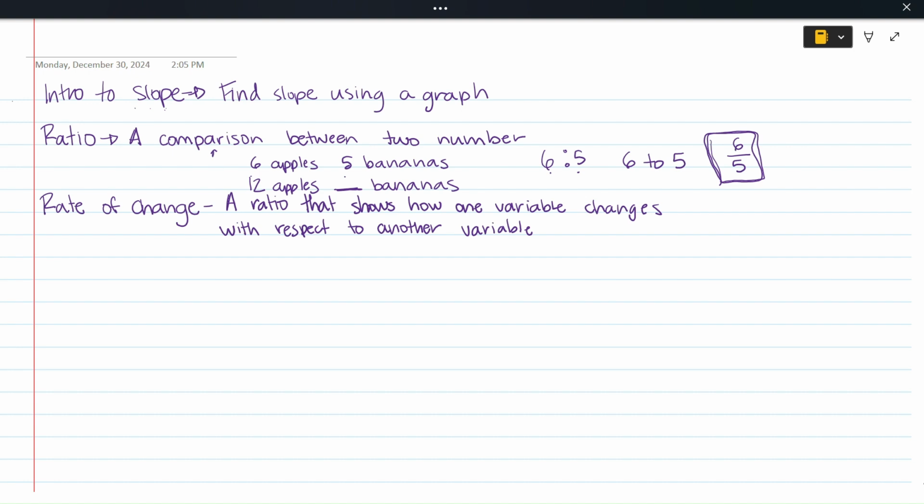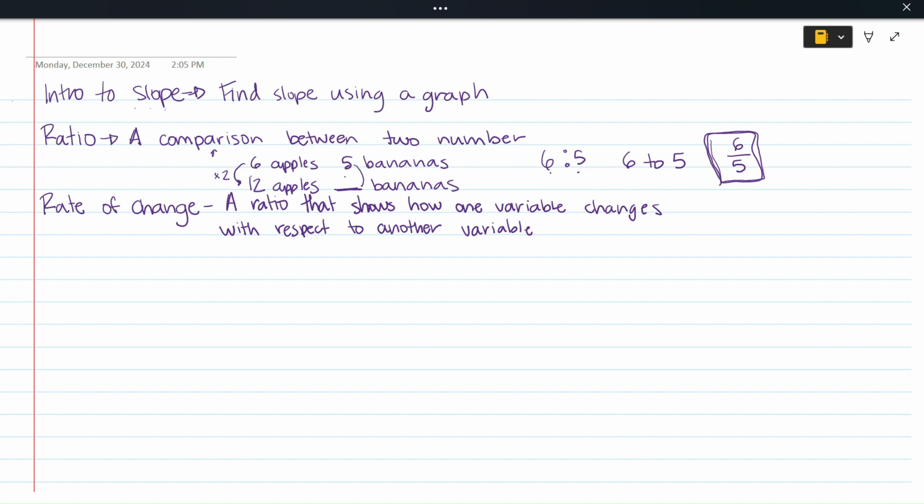So we can look at the difference between 6 and 12, and we think of the multiplicative relationship between 6 and 12, and we look at our multiplication table, or we know our multiplication facts, and we say, oh, 6 times 2 is 12. So we know that we're multiplying by 2 to get our 12.